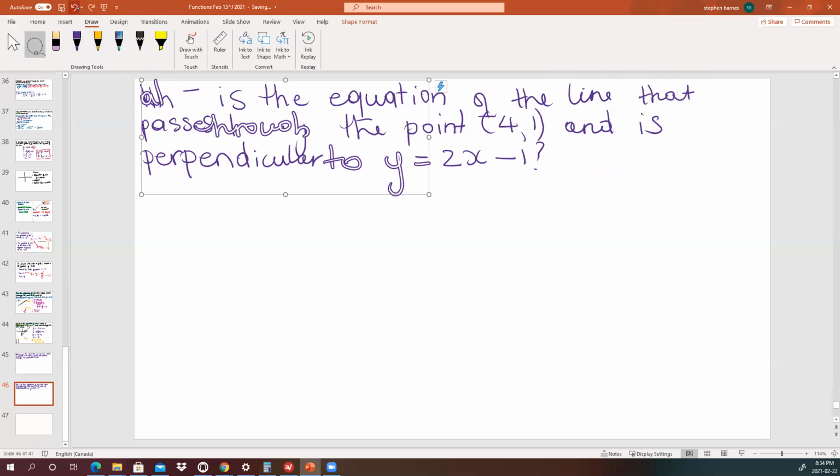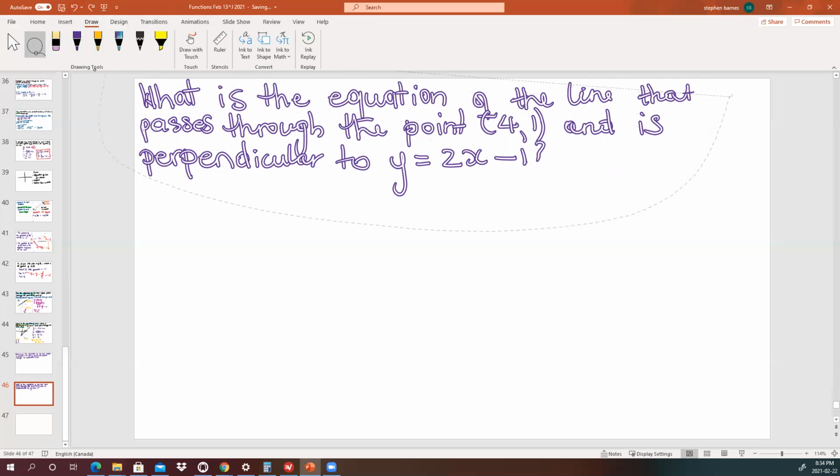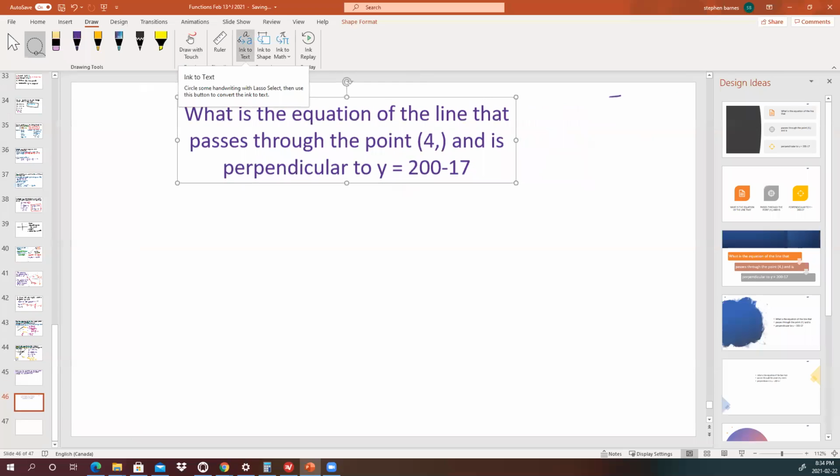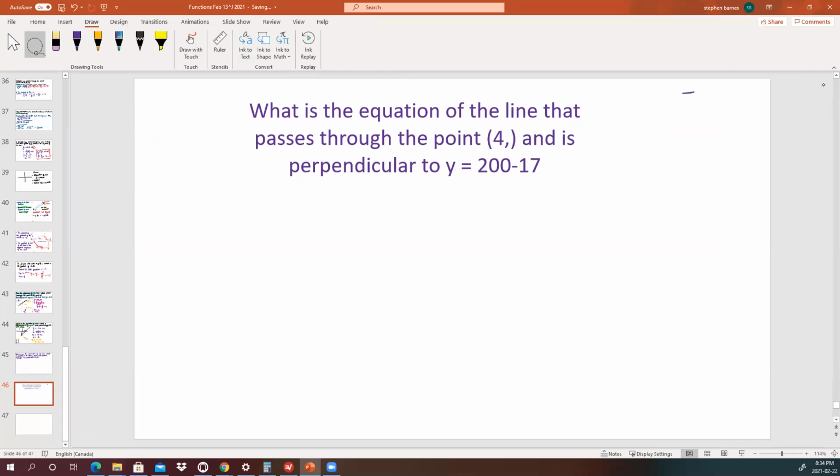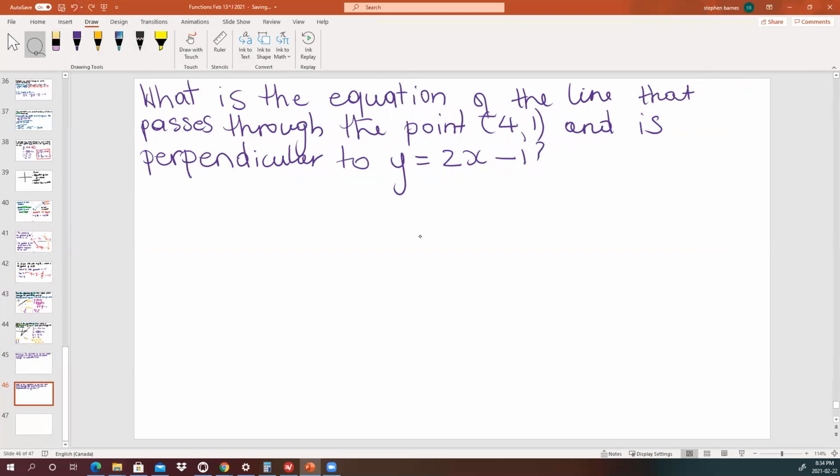What's happening? Can it happen? Yay! This one looks a little better. Where did it go wrong now? Oh, this is supposed to be 2x. All right, so you have to stick with my handwriting for now.